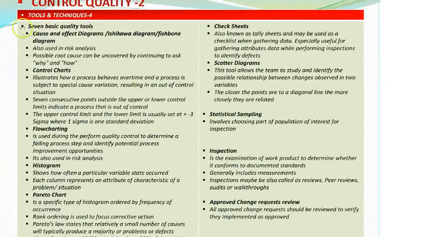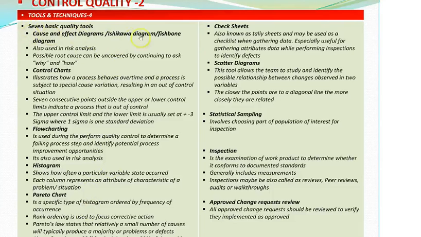We are going to look into all the 7 basic quality tools. Then we have the checklists, statistical sampling, inspection, and the approved change request review. So we've seen all of these in detail already in the detailed chapter. So let's go through them really quick.